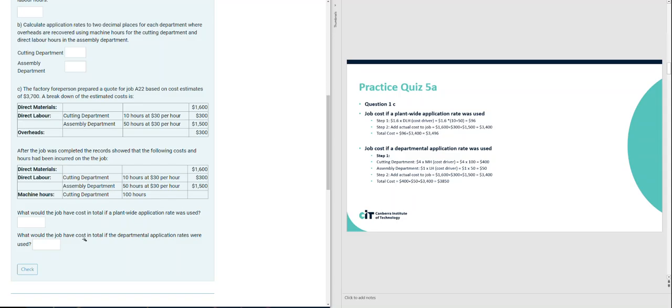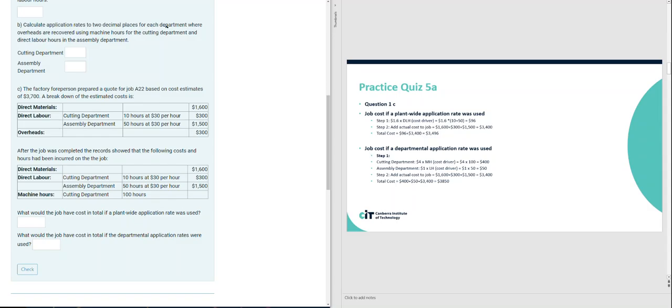Now the next question is, what would the job have cost in total if the departmental applicable rate is used? Departmental applicable rates mean the usage of the separate cutting department rate and the assembly rate that we've calculated in question 1B. How should we do that? Again, the first step is to calculate the actual overhead incurred for each department.